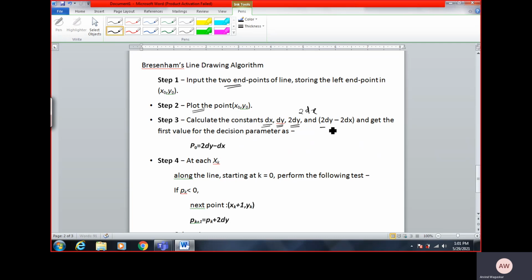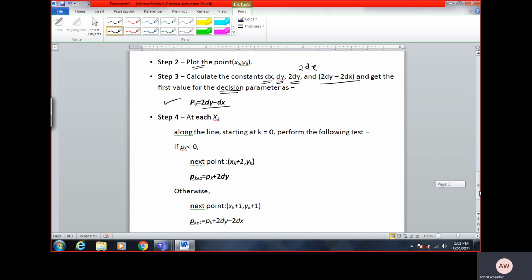Then we have to find twice delta y minus twice delta x. Then we have to calculate the decision parameter. The formula is 2 delta y minus delta x. So this is the initial value of the decision parameter. Once you find that, then you have to start from k equal to 0.